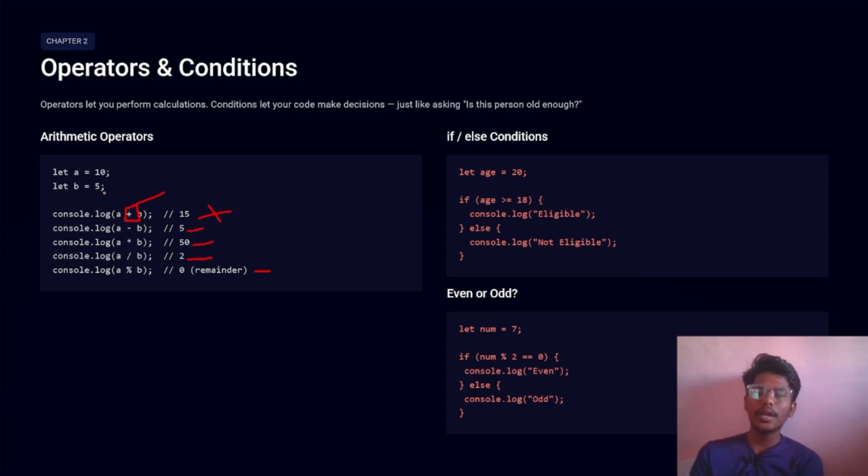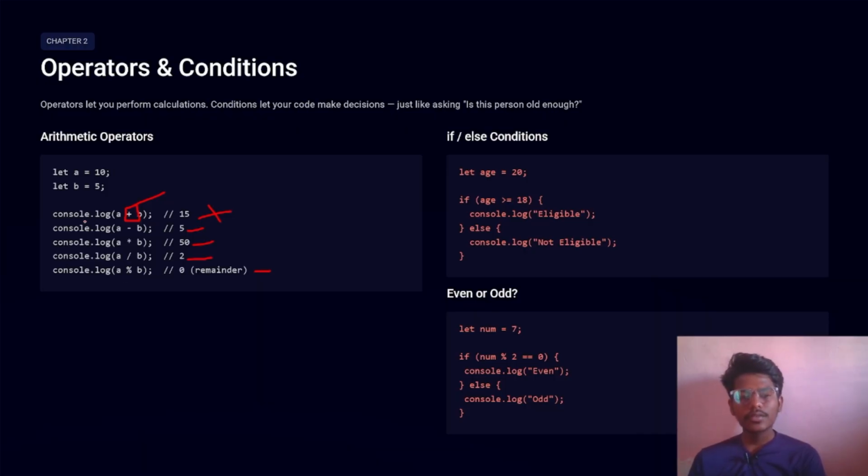You need to add the data to the variable, and if the data is there in the variable names, then we can directly perform the operations. Here, the plus is the addition operator, minus is the subtraction operator, and there is a multiplication operator, a division operator, and a modulus operator.